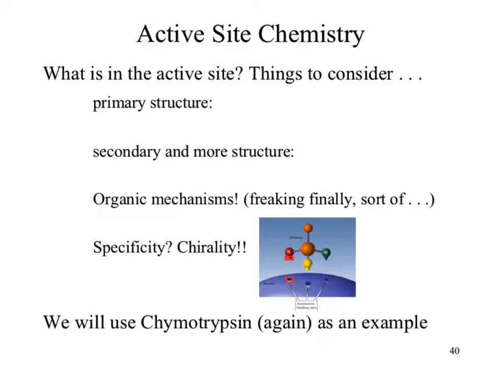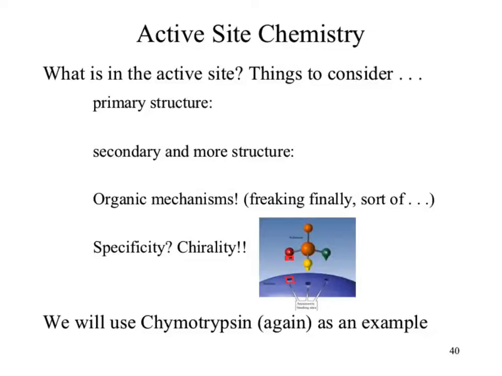If I alternated, say, the circle and the square here, that then would not be able to bind into the active site. For those of you that don't believe me, go ahead and find yourself a pair of left-handed scissors and use those with your right hand. Let me know how it feels. Because our molecules are chiral, those active sites really change and inhibit other different reagents from coming in.